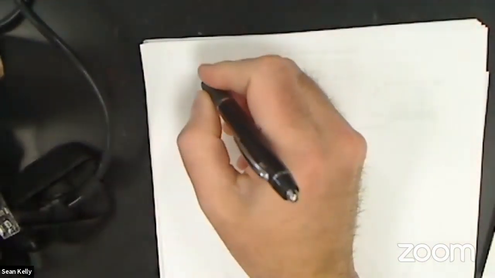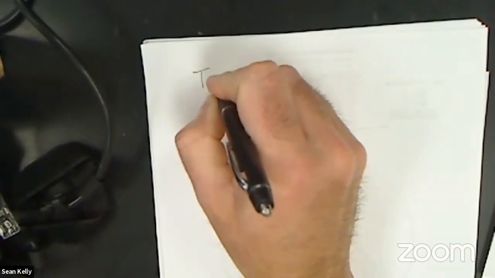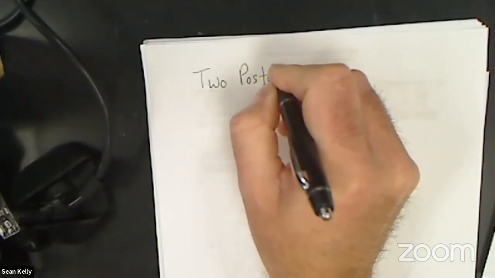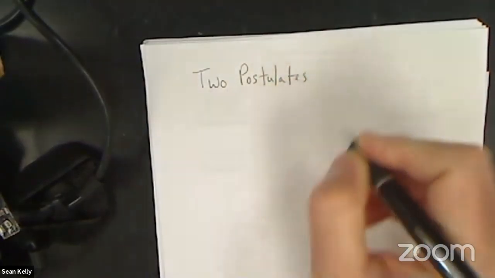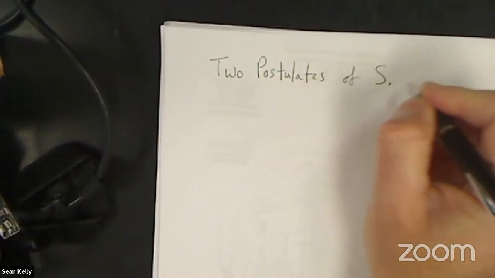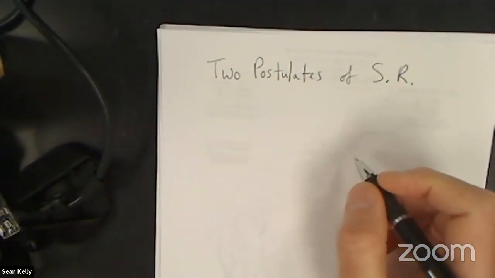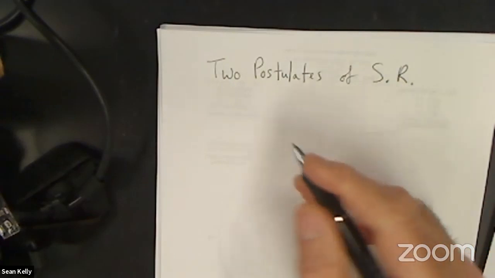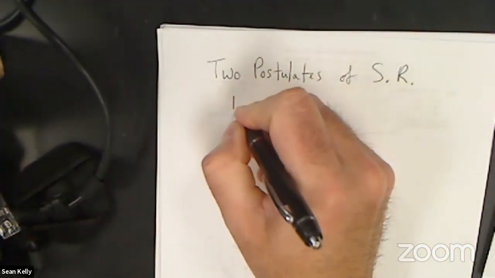You need to memorize them. So what are these postulates? These are the assumptions. These are the two things that he's going to say: this is true and this is true. And from this, the two postulates of special relativity. It's too big a word for me to write the whole thing. That's special relativity.